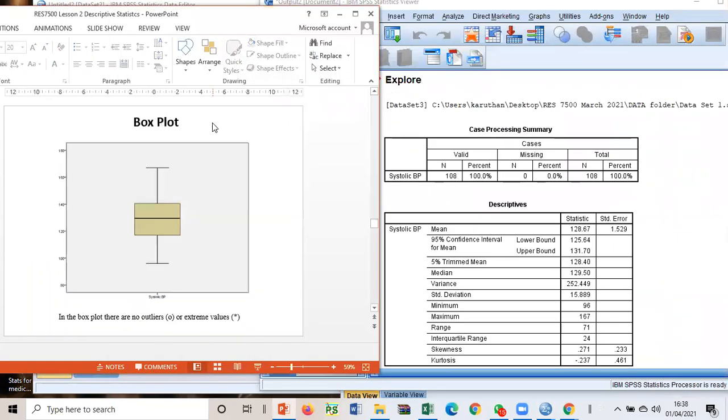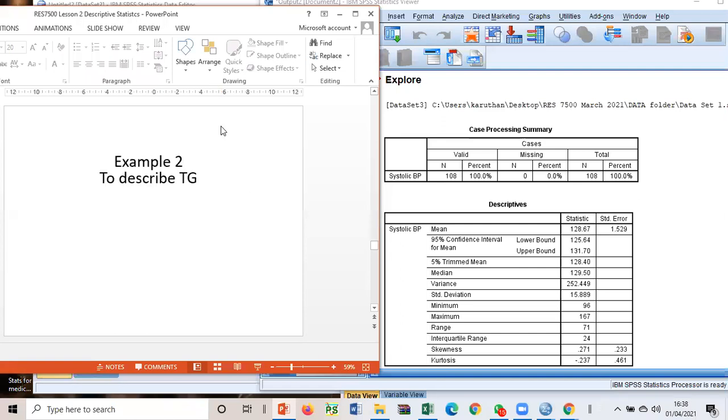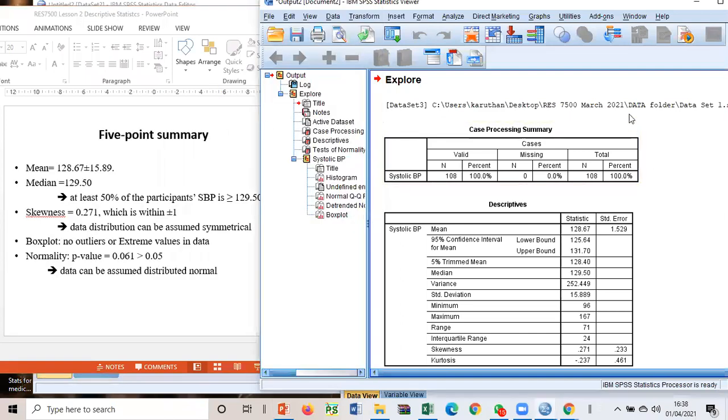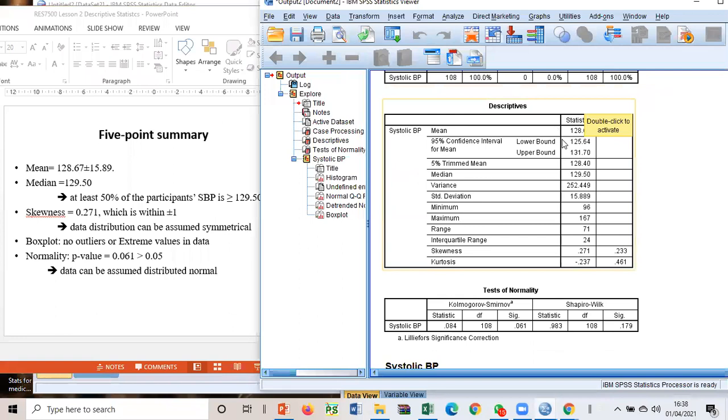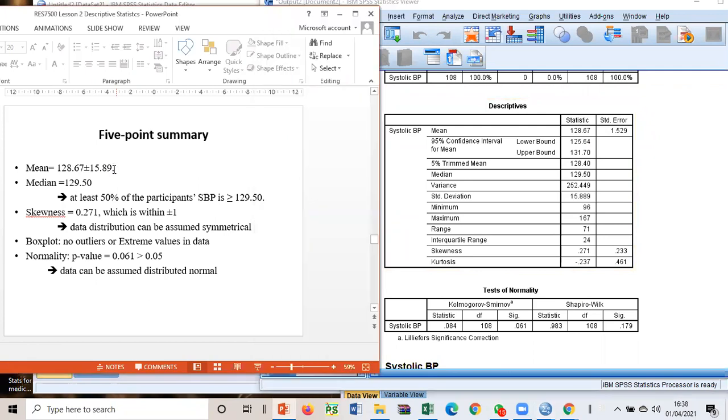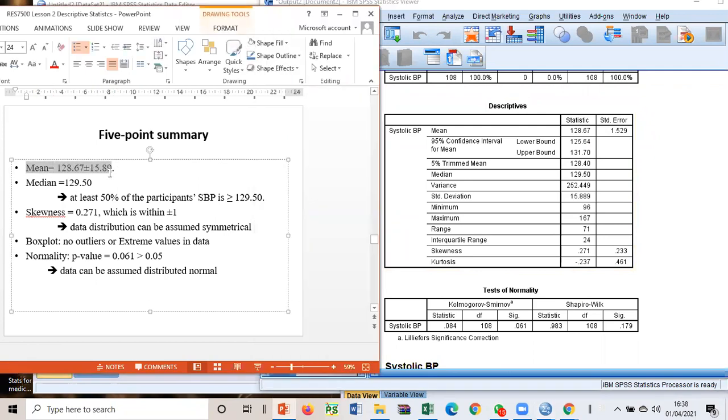Okay, going to go through the 5-point summary. First point, mean: 128.67. Standard deviation 15.889. Is that okay? Class, is it okay?